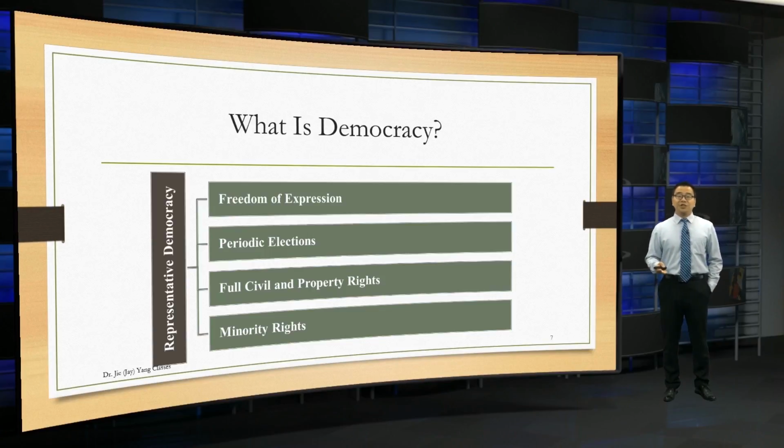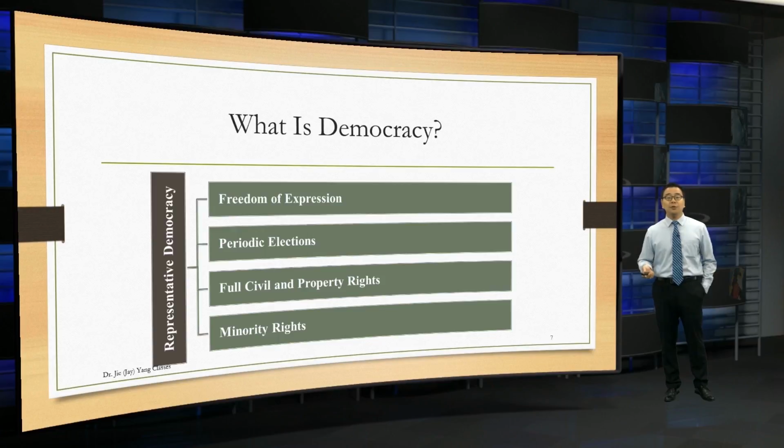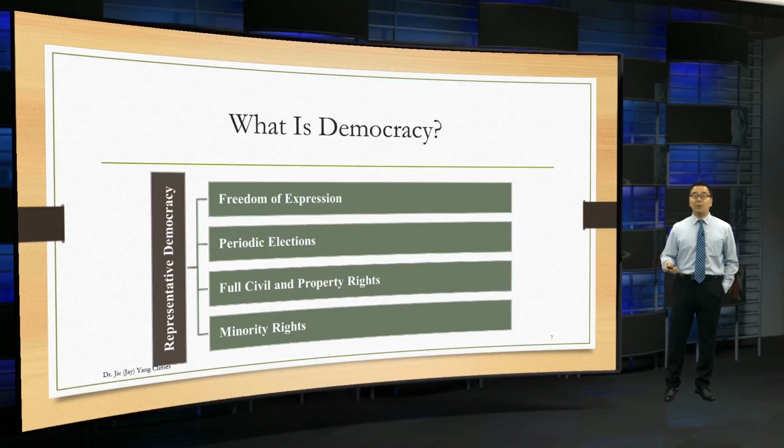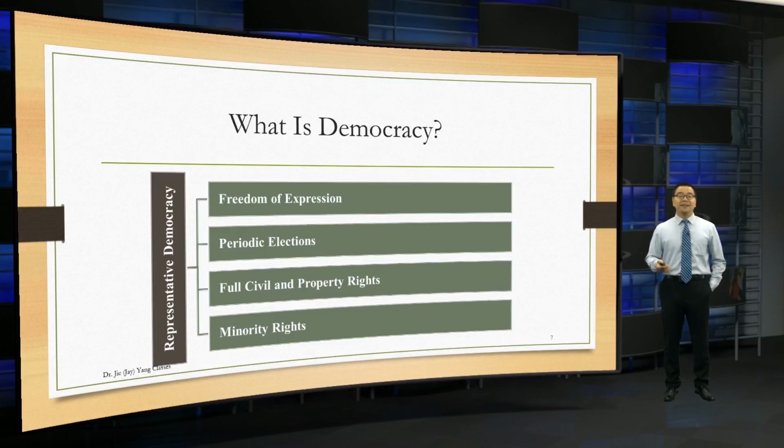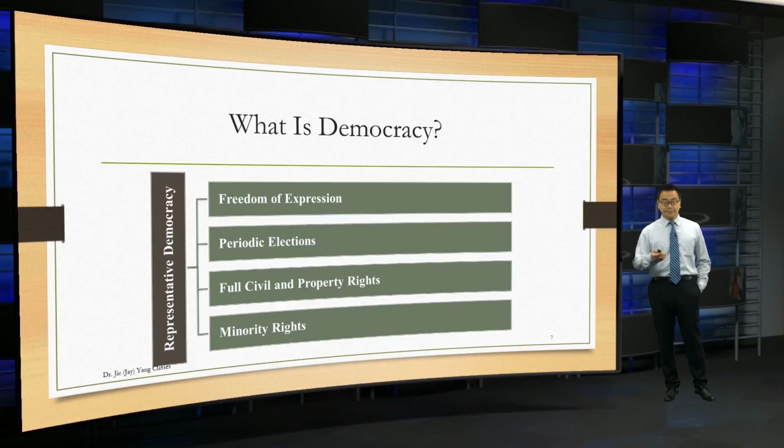The last feature of democracy is minority rights. In theory, democracies try to preserve peaceful coexistence among groups of people with diverse cultural, ethnic, and racial backgrounds. Ideally, the same rights and privileges extend legally to each group, no matter how few its members.